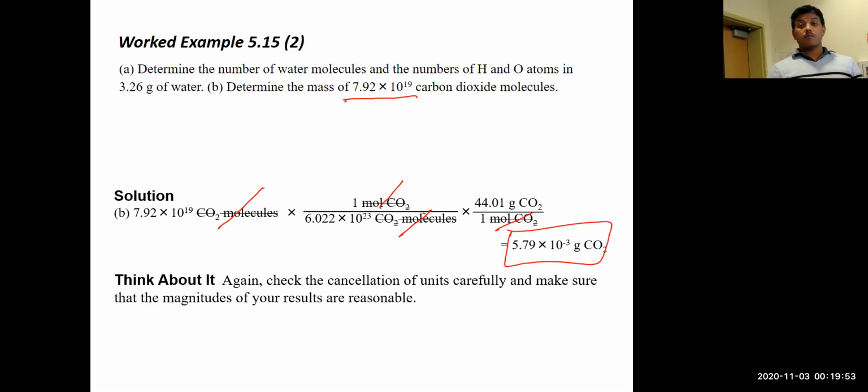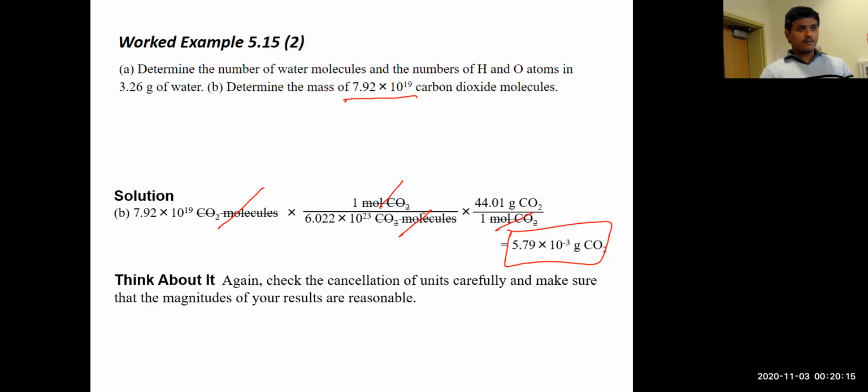Okay. Please control your temptations whenever you are asked to convert from molecules to mass or mass to molecules. Do not try to get anything in shortcut, because there is no shortcut to convert mass to molecules or molecules to mass. Okay, so this is all for chapter 5.